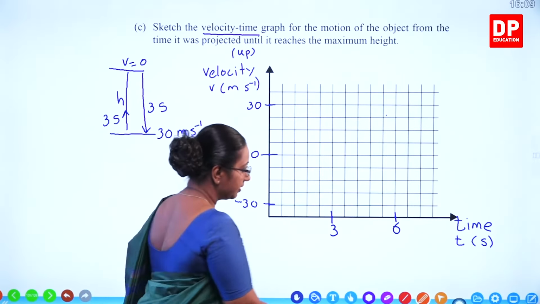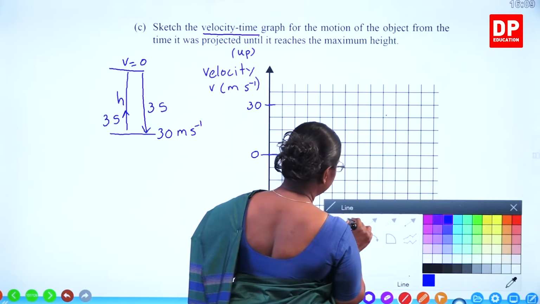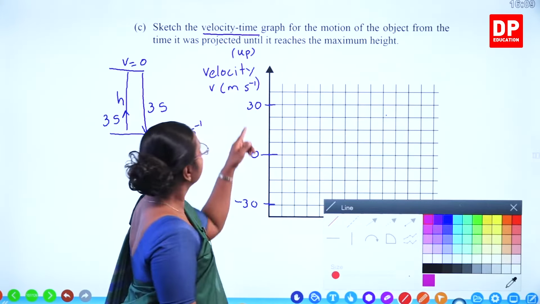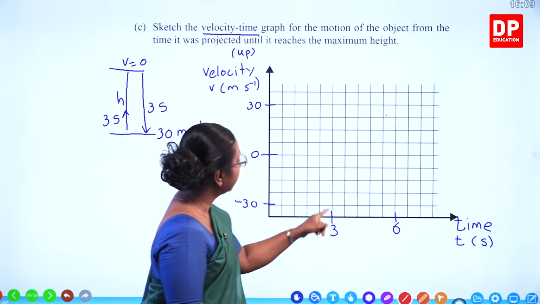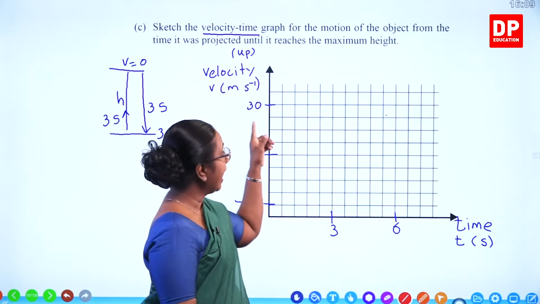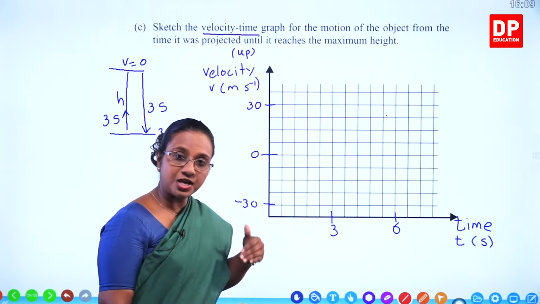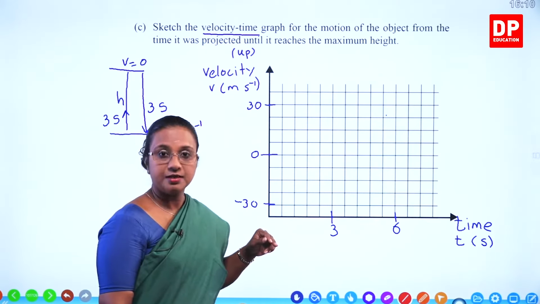And if we plot the graph, you can see that the movement starts from 30, and at 3 seconds the velocity becomes 0, and then when the object comes down, it is going to be velocity in the opposite direction.